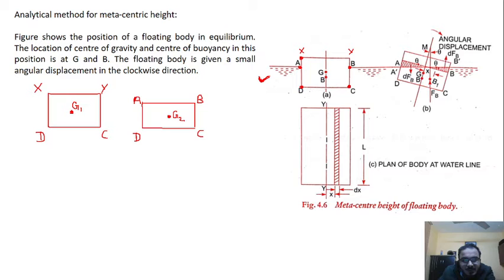What you are observing in the figure is that in the actual figure G1 is shown as G, and G2 is shown as B. So that is the fundamental behind this, that B is actually the center of gravity of the submerged part ABCD.